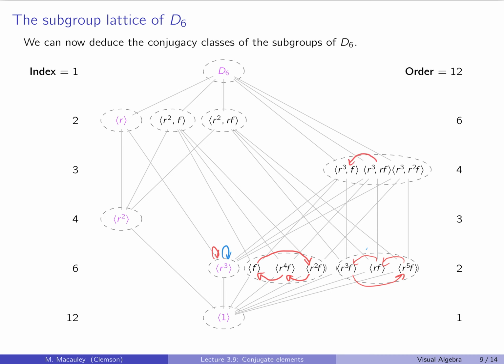I don't have it on a slide, but it's in my book: if you know that 2 subgroups are conjugate and they each only have one parent of the same order, then those parents have to be conjugate as well. So once again, if I can conjugate R cubed F to R to the 5th F, that means I can bring R cubed F over here. And there's only one subgroup of order 4 that contains R cubed F, so it's got to be the one that is above. If I can move this over here, its parent has to move there as well. So we know that these things have to be conjugate.